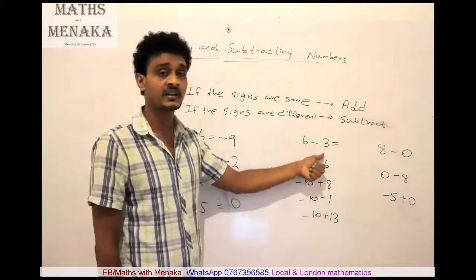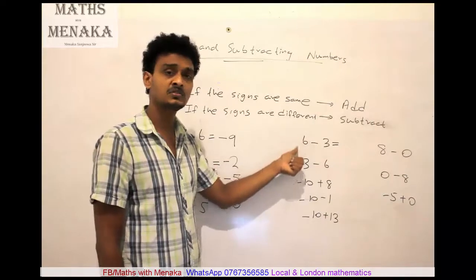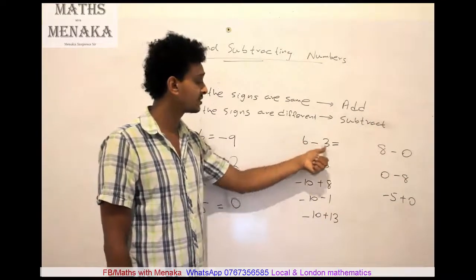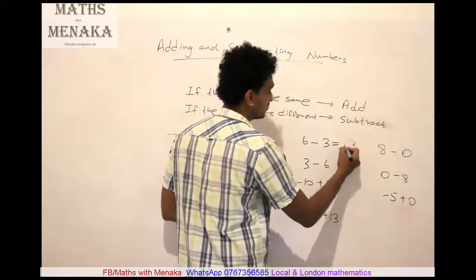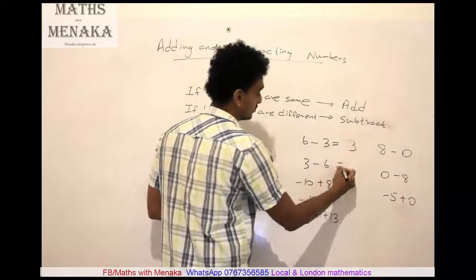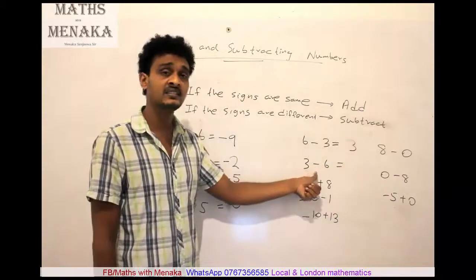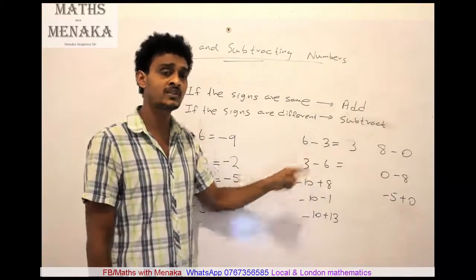6 minus 3. This is positive and this is negative. So you have to subtract 3 from 6. The answer is 3. The sign is positive. This is 3 minus 6. This is positive and this is negative. So you have to subtract. Subtract 3 from 6.